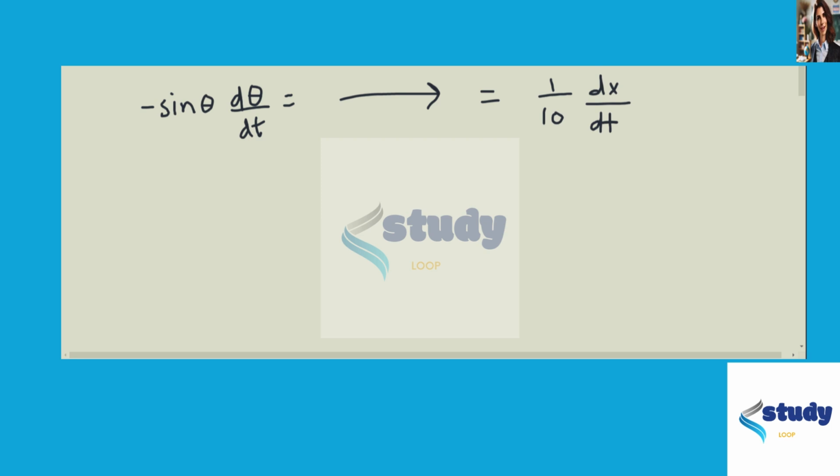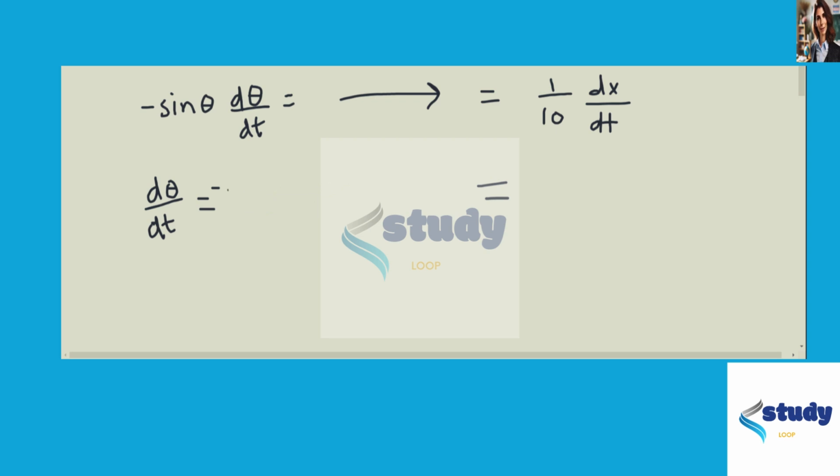Okay. Now, if we move everything over and only leave d theta over dt on one side, then we'd have 1 over negative sine theta multiplied by 10, and then that would be multiplied by dx over dt.